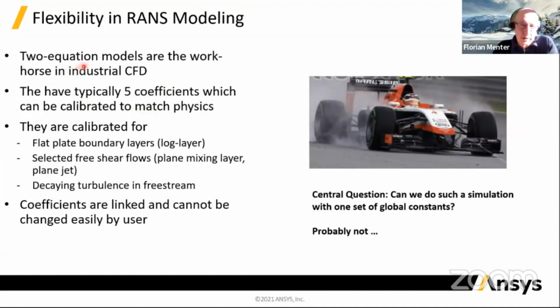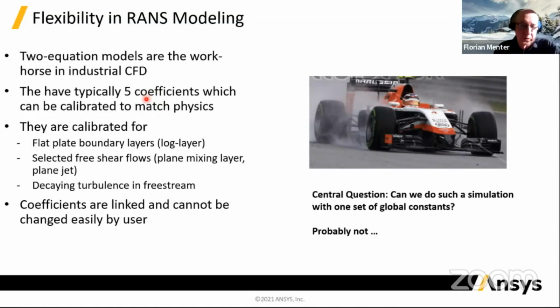Now, the main workhorse in CFD is two equation models. And two equation models, in their simplest form, have 5 coefficients, which are calibrated to match the physics of fairly simple cases like flat plate flows and mixing layers and so forth. These coefficients are then exposed in the graphical user interface to the user, but in reality, we don't want people to change them because these coefficients are all interrelated.